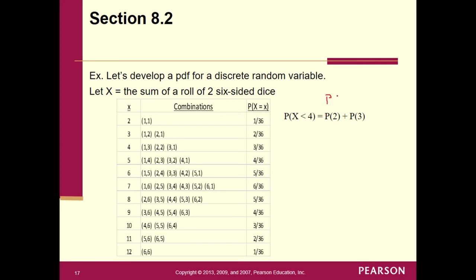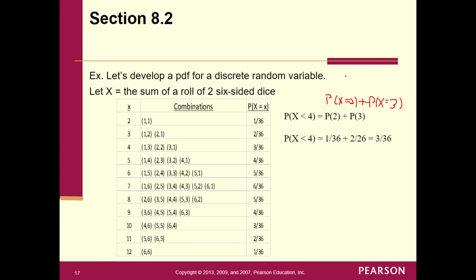We could say the probability that x is equal to 2, plus the probability that x is equal to 3, okay? That's just a shorthand way of showing that, okay?